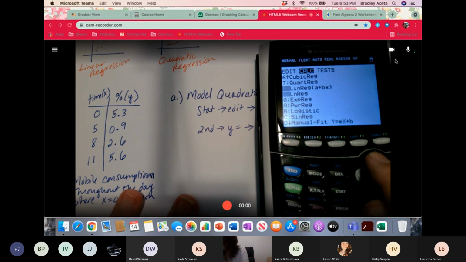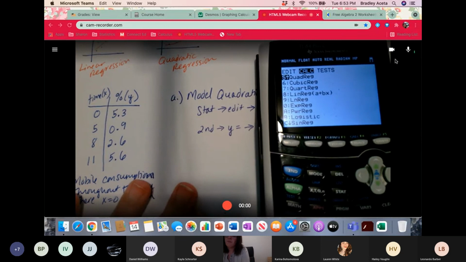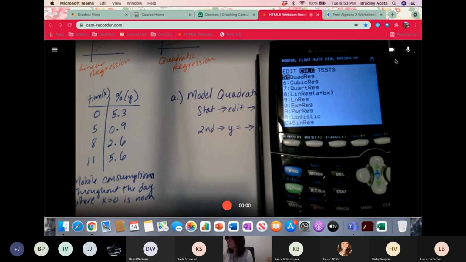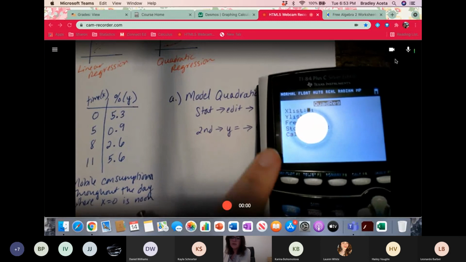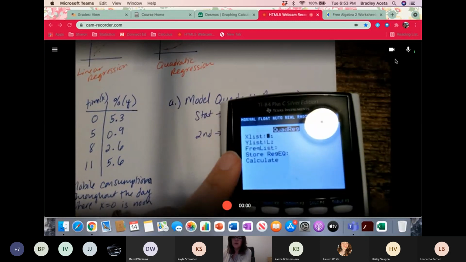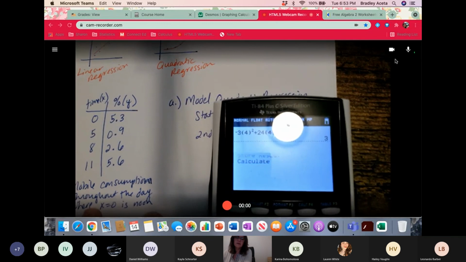I missed it. Where's my quadratic? There it is. Number 5, quadratic. So hit enter. It's going to ask you a couple questions. X list, Y list. Just hit enter. L1, L1, enter, enter, and calculate.